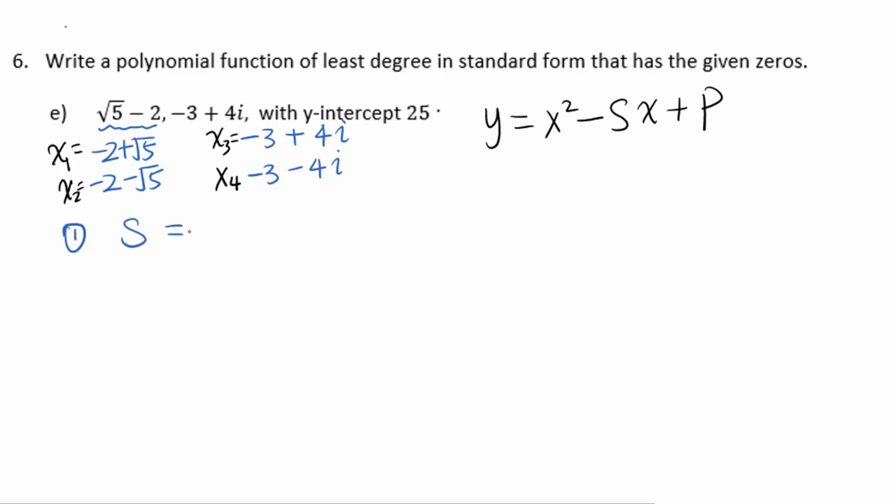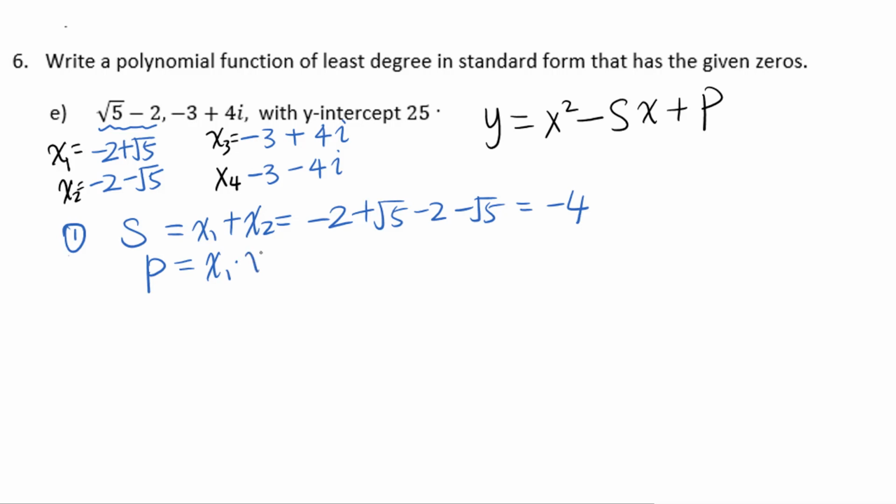Let s equals x1 plus x2, negative 2 plus square root of 5 minus 2 minus square root of 5 equals negative 4. For p equals x1 times x2 equals negative 2 plus square root of 5 times negative 2 minus square root of 5.